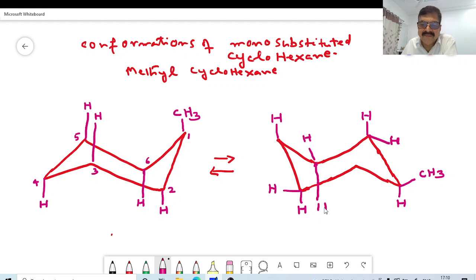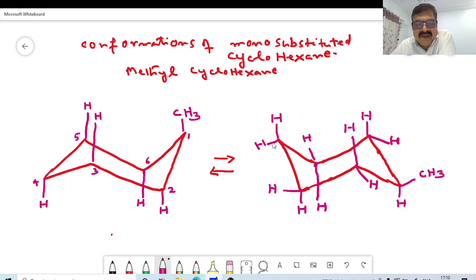Okay. I think we have marked most of the groups now. So this is the methyl cyclohexane.